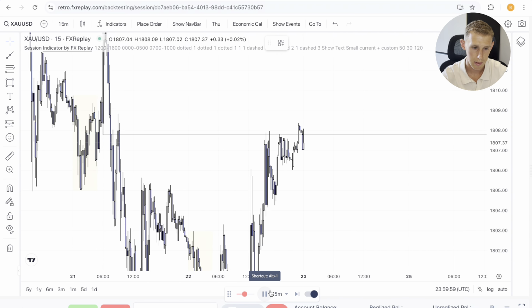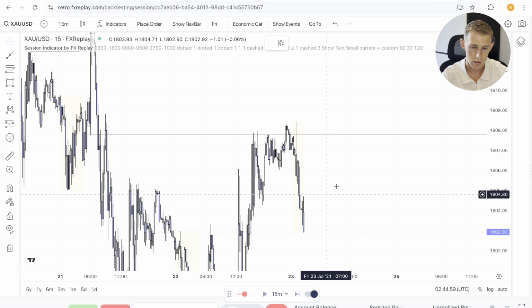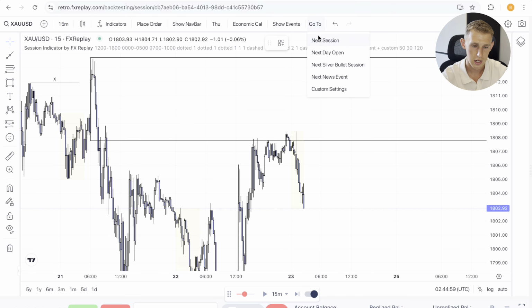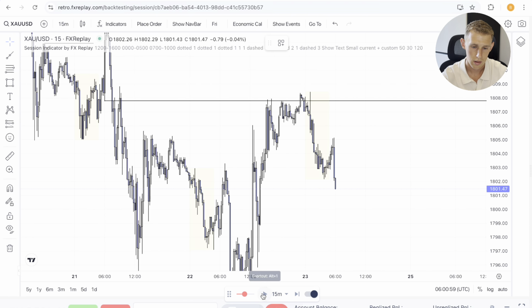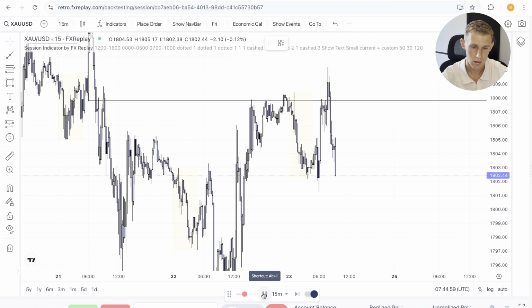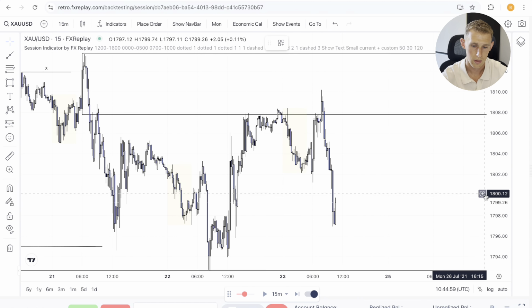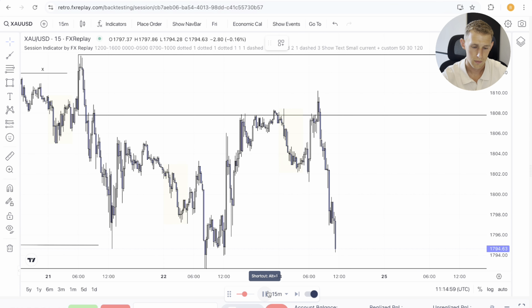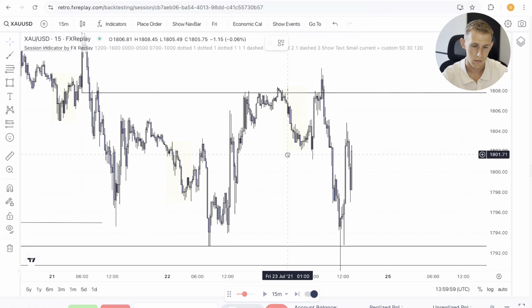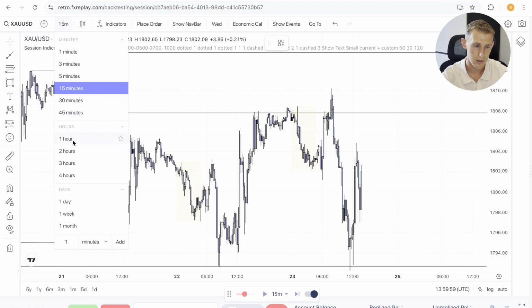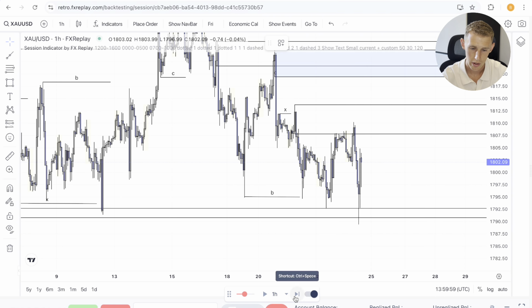It's just consolidating below that level. Right, this is Asian session, so I'm going to fast forward it. Yeah, there we go. So it did sell off from there, but we didn't get an entry.